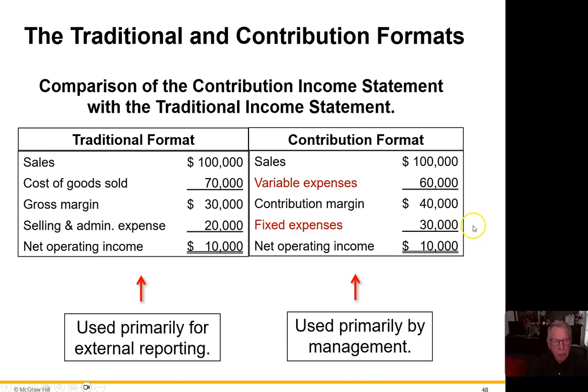My fixed expenses go up by that $10,000 that was included in these cost of goods sold, but not included in these variable expenses in the contribution margin format. But our net operating income would be the same, $10,000. This is important, and it's used primarily by management to make business decisions.